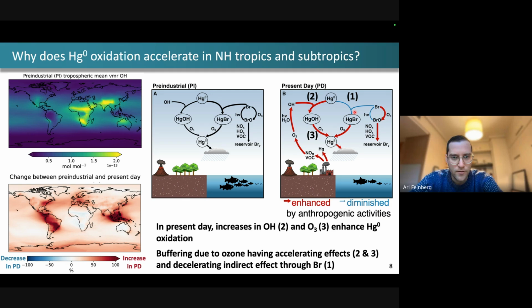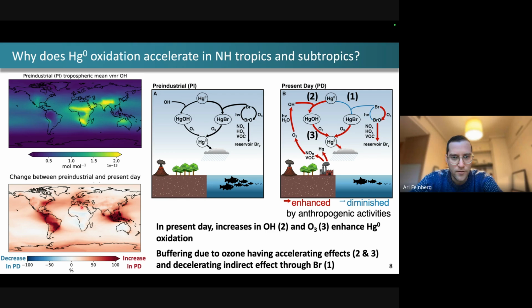In the northern hemisphere, especially in the tropics and subtropics, you have other mechanisms which become more important, and this is because the OH concentrations tend to be higher in the tropics and subtropics, and as well the ozone increases more in the northern hemisphere.